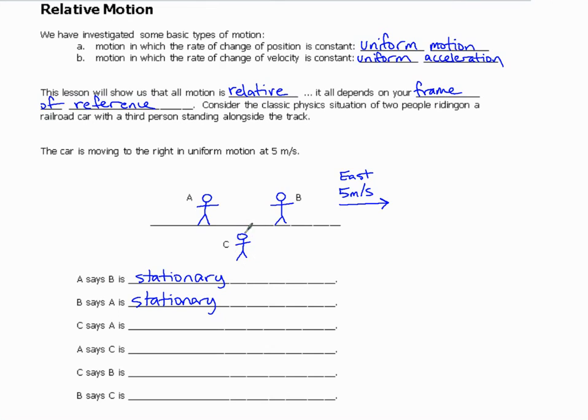Person C is alongside on the ground, looks at person A, who is on the train moving at 5 meters per second east. C says that person A is moving east at 5 meters per second.